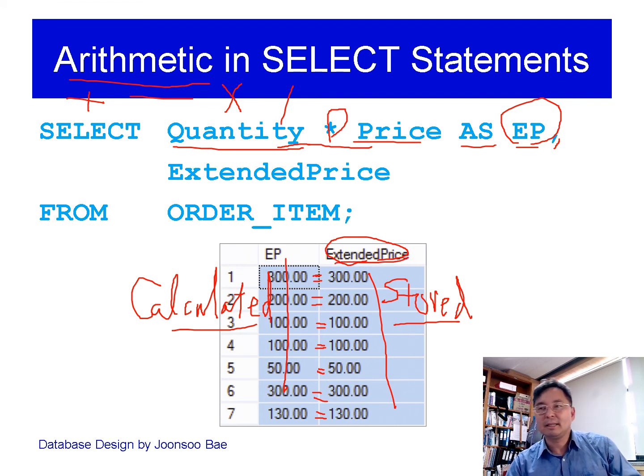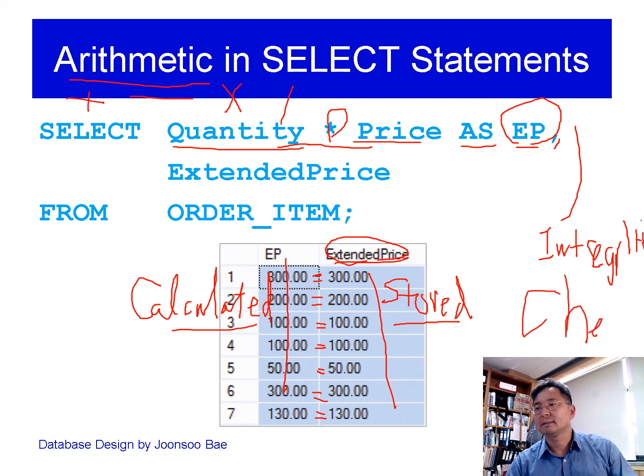If some data does not have the same value, then that means that one of the data is wrong. So this kind of technique is used to check the integrity of data stored in the database. Integrity check techniques.